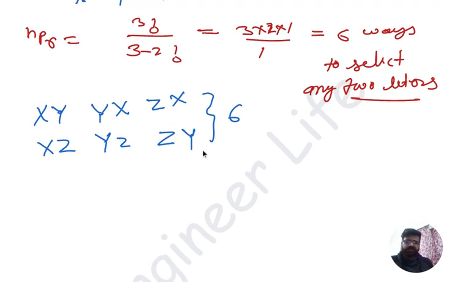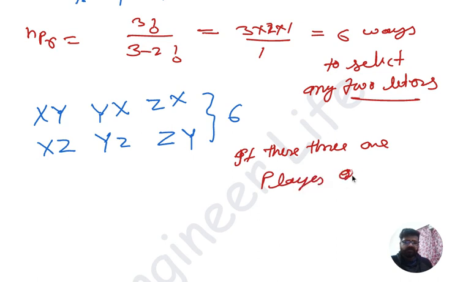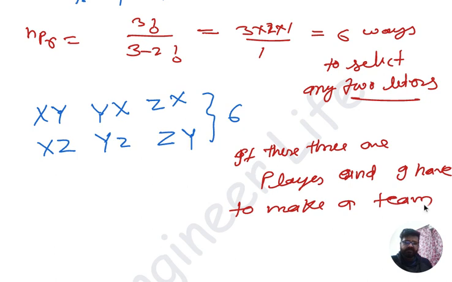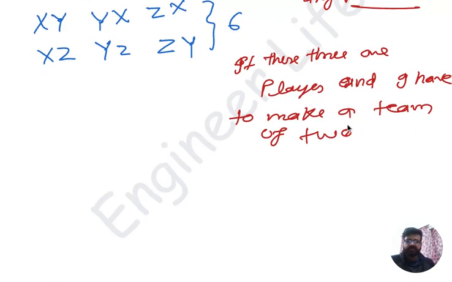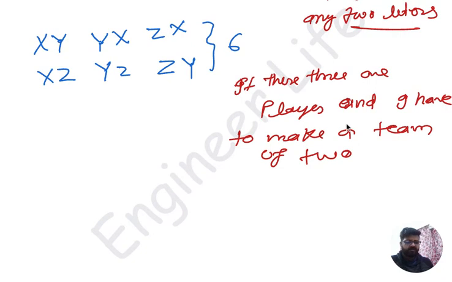Now suppose these are not letters, listen carefully. Suppose these 3 are players, and I have to make a team of 2. Now come to the point. This is a very beautiful concept.